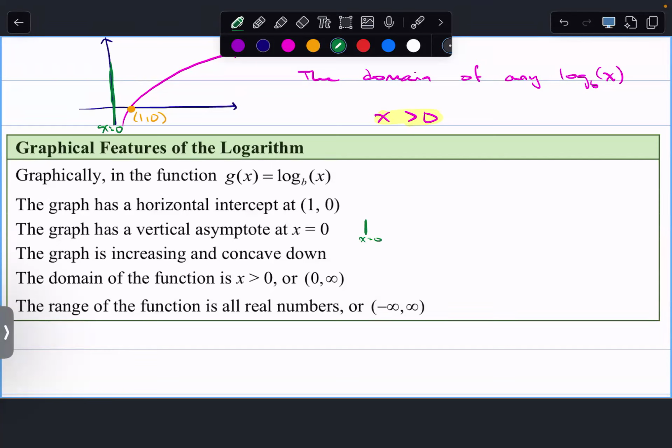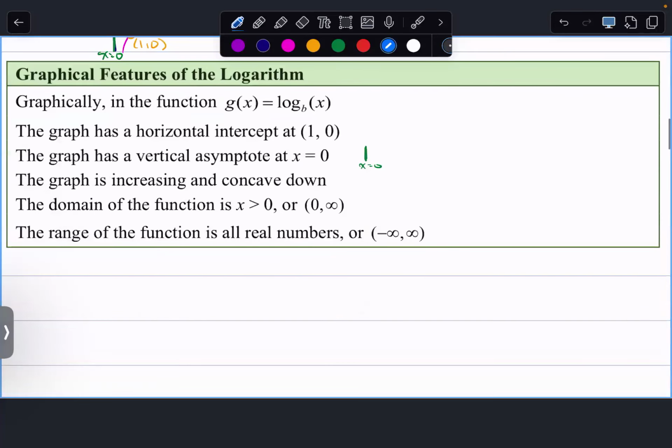Now the graph is increasing. Increasing means that it's going up like this, but it's concave down. If you have to see which way your bowl is facing, it's facing down. So it's increasing, but concave down. And the domain of the function is x greater than 0.